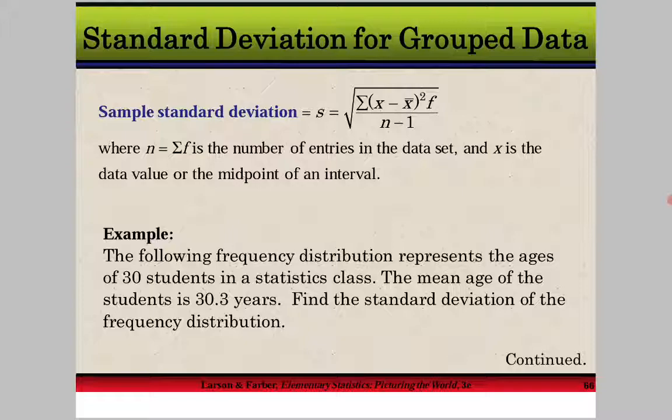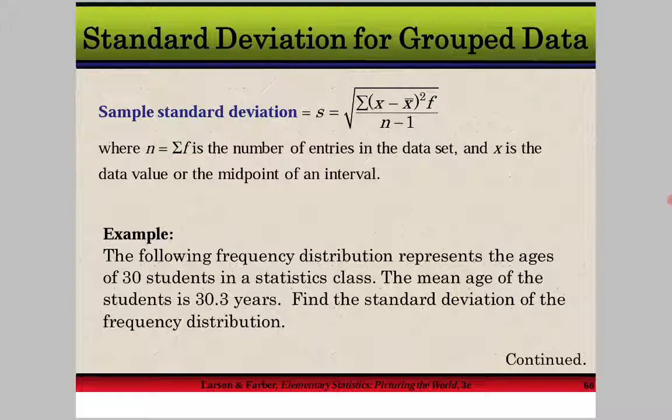So what is the formula for standard deviation?